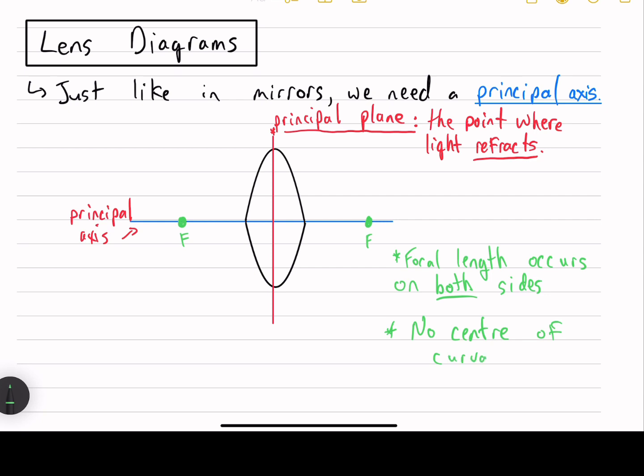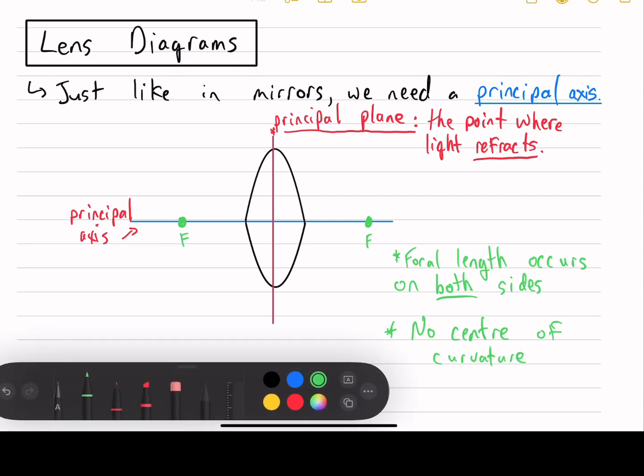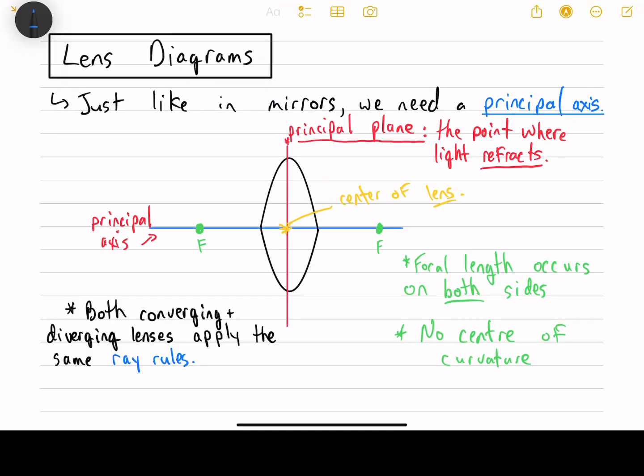What we do have, though, and I'll signify this in a different color, is the center of the lens, which occurs when both the principal plane and the principal axis meet. So we're going to call this the center of the lens. And lastly, both converging and diverging lenses apply the same ray rules.